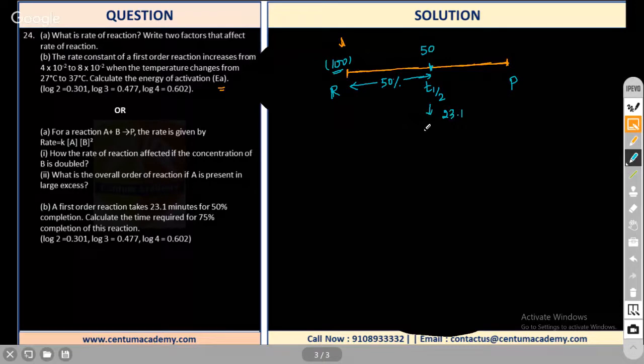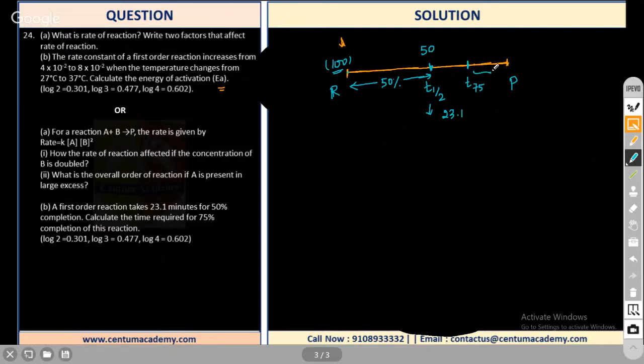Now the question is, you have to find the time when 70% of the reaction completes. So to complete 70% of the reaction, suppose we need this much time more. This T, suppose 75, I'll write down. So here it is T half, and from here to here, 75% of the reaction completes.